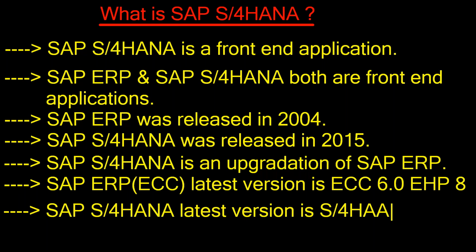So we are going to discuss 2025 in our classes. This is about S4 HANA, the front-end application. The backend is HANA DB, their own database. SAP's own database is HANA DB. So the front end is S4 HANA, and the backend is HANA DB.